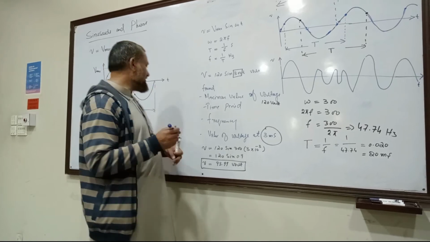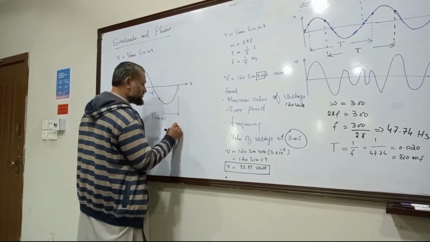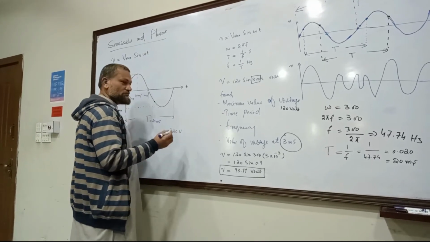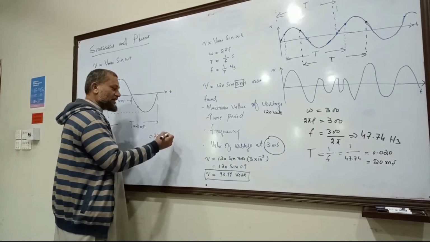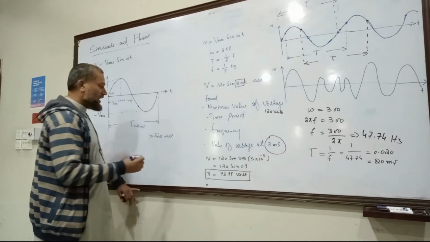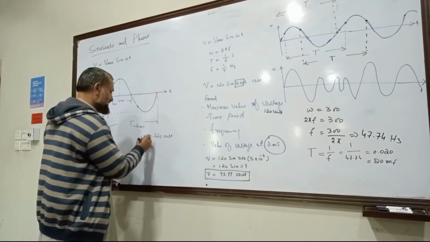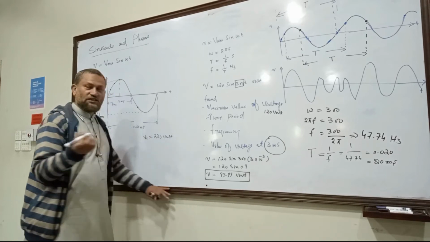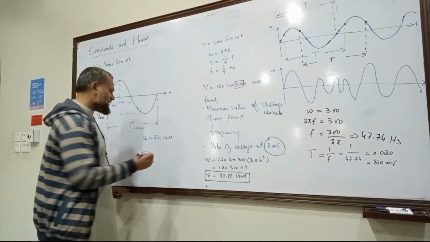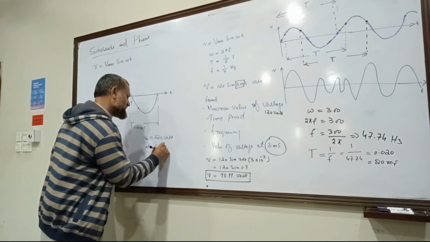For example, we have 220 volt of our supply mains voltage, and this is the voltage of AC at our homes. And how much is our frequency for that? 50 hertz.